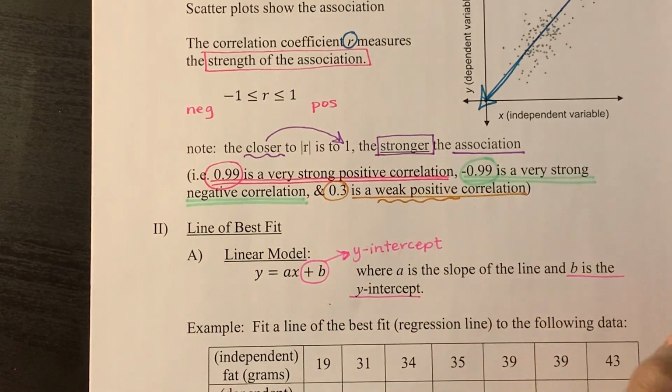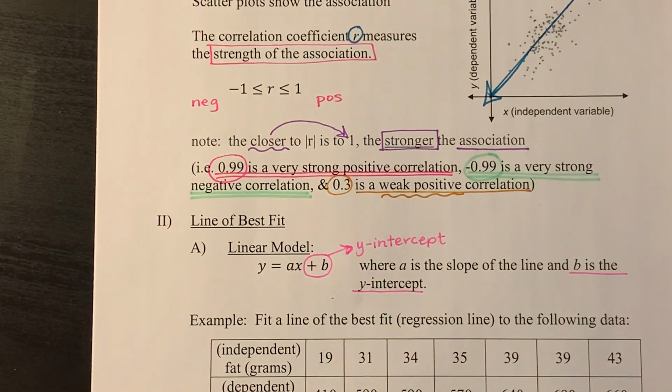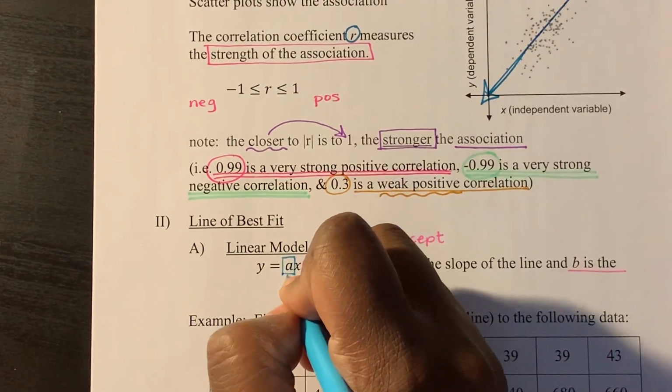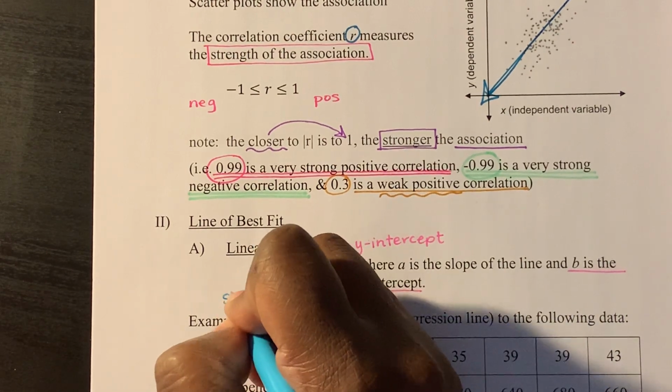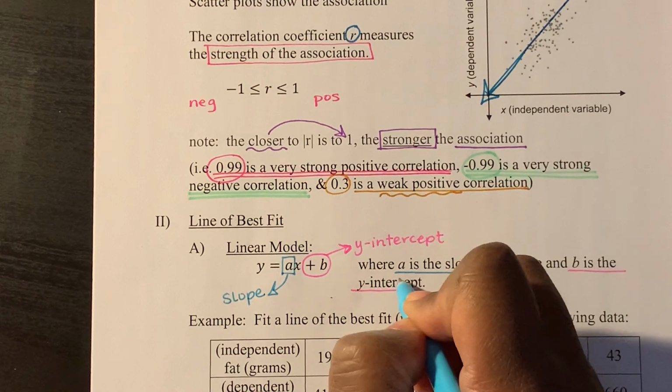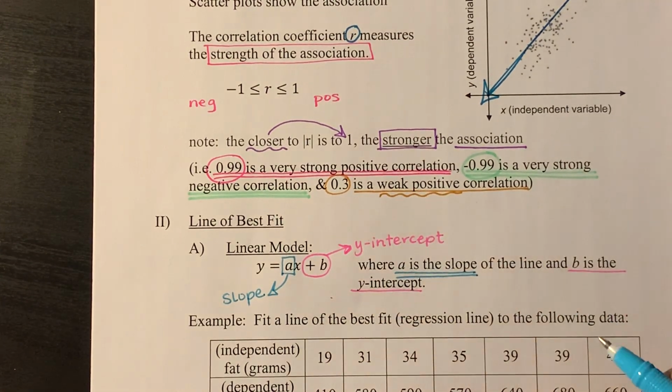And this A out front, normally we're used to seeing an M out there, but in this case they just changed the letter. It's just an A. It means the same thing. That's your slope. So our A is the slope.